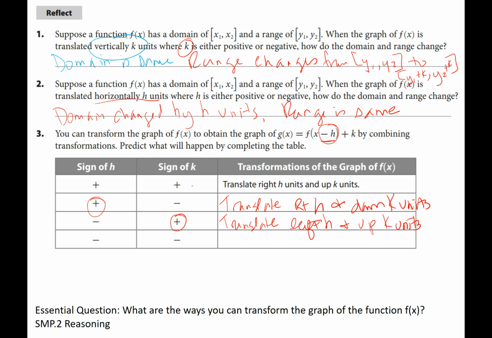And then we have a negative h, so again, that's a translate left h. And a negative k makes it go down k units.